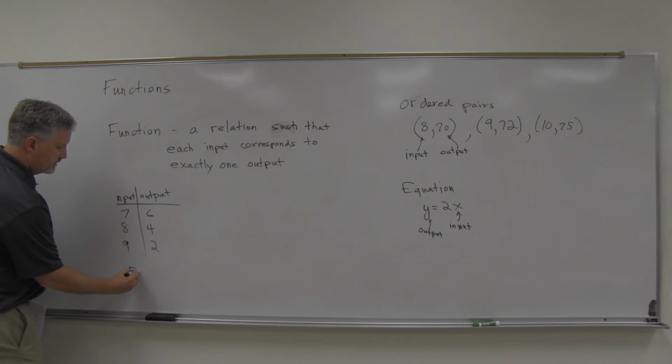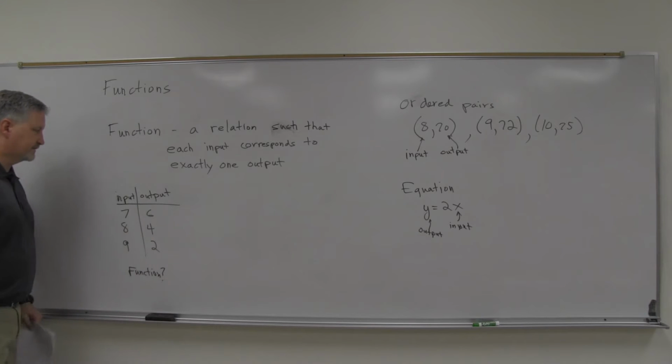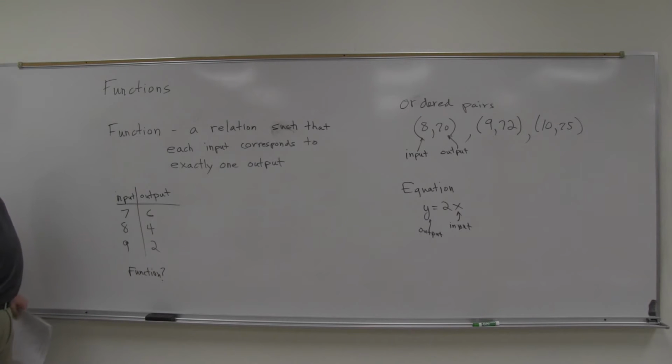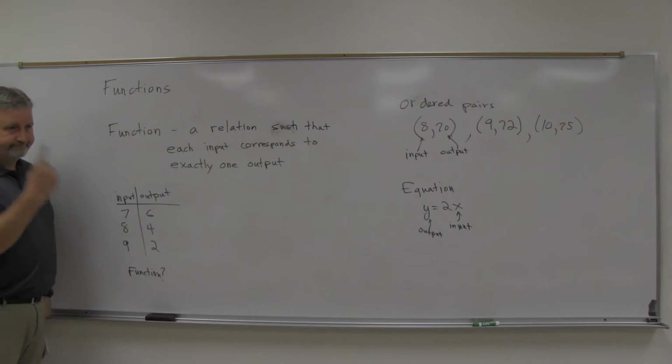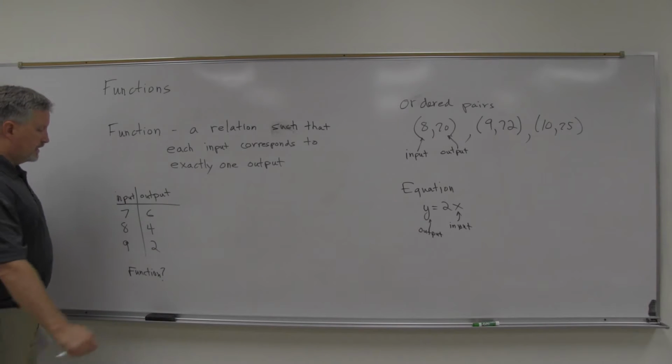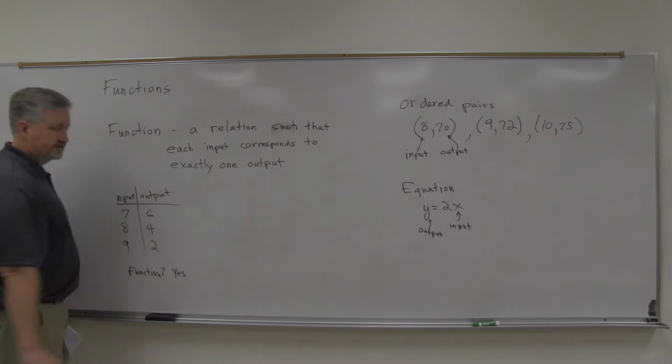So the question here then is relation, but is that a function? Well, to be a function, each input corresponds to one output. Well, the good news here is I've got 7 going to 6, 8 going to 4, 9 going to 2. So each input corresponds to exactly one, only one output. So yes, that one is a function, right?